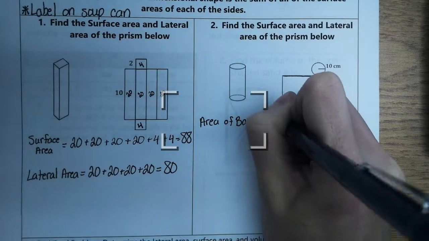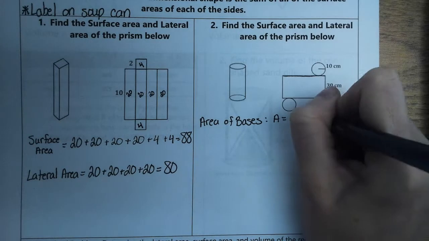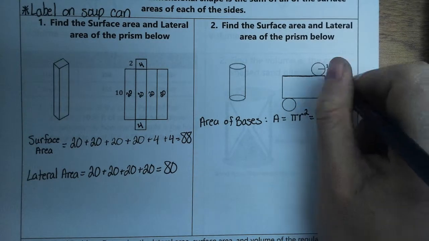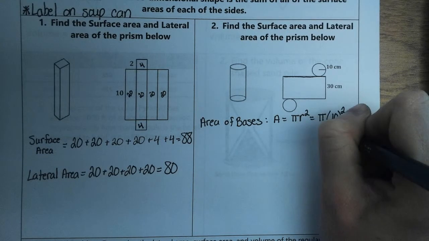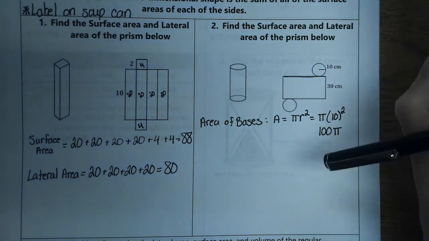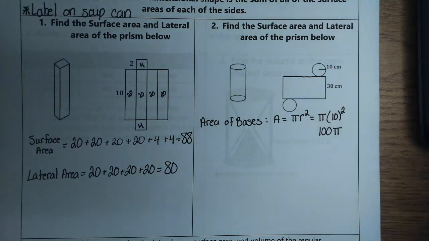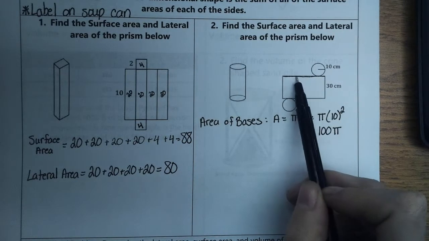They're circles, so the area is pi r squared. So that's pi times 10 squared. So that gives you 100 times pi. The area of the face is going to be 30 times something.